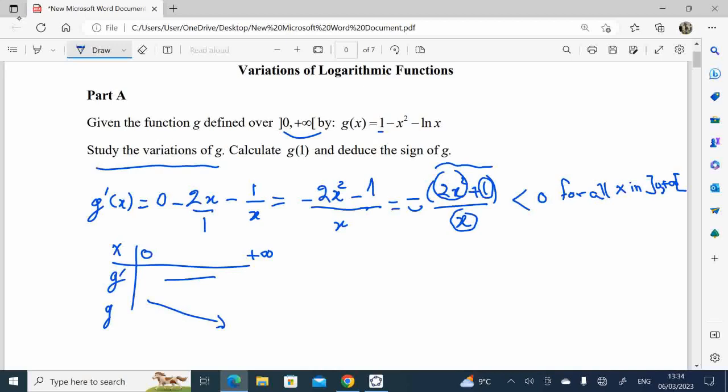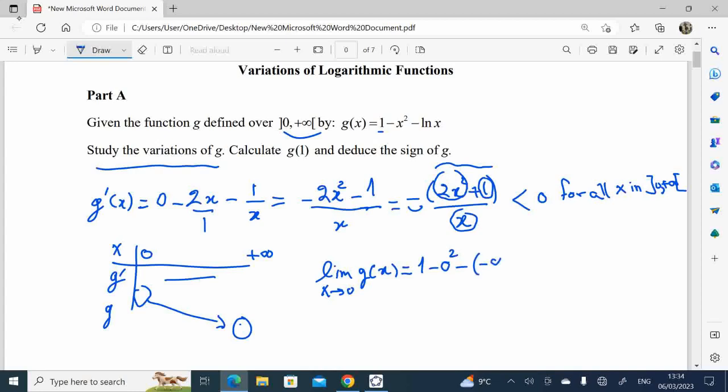So decreasing from where to where? So I need to find these values here. In order to find these values here, first I have to find the limit as x approaches 0 of g of x, which will be equal to 1 minus 0 squared minus ln 0, which is minus infinity, right?